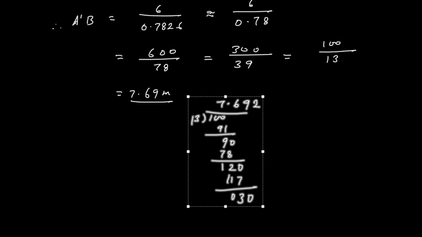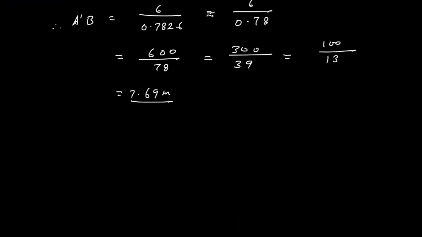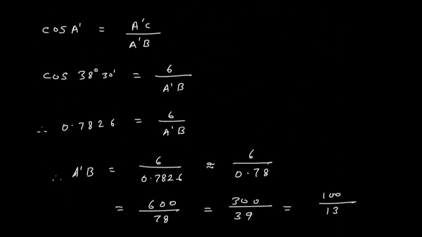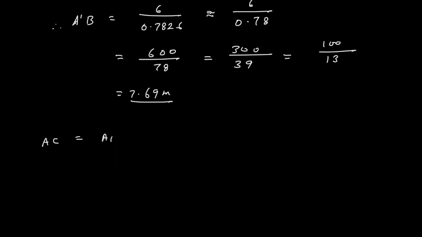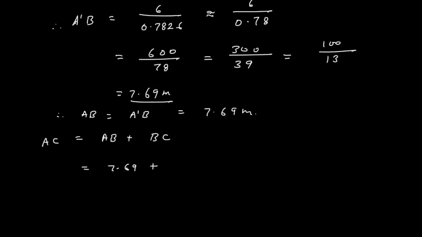So now I have to find the total height AC. AC is equal to AB plus BC. Here AB is equal to A dash B, which is 7.69 meter, plus the value of BC, 4.77 meter.